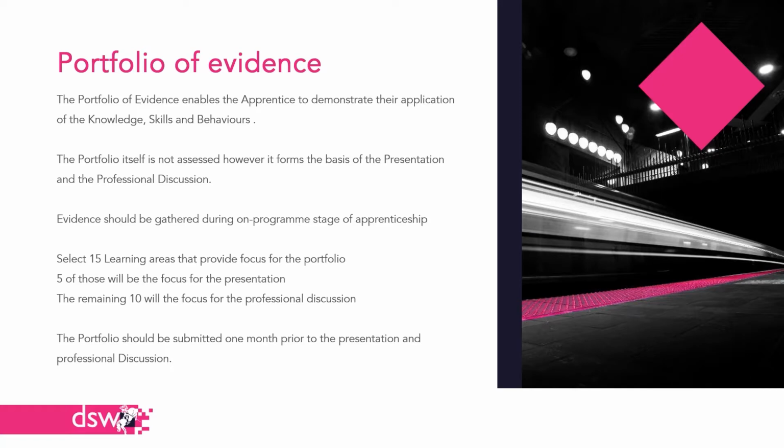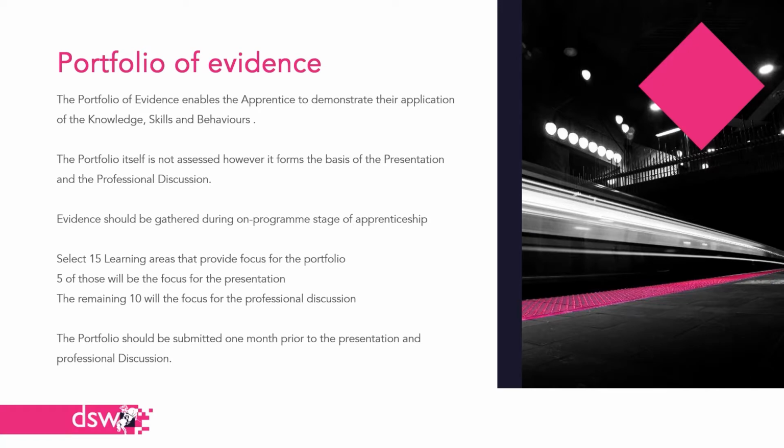When planning the apprentice's work, their employer should ensure that they are involved in projects with a broad enough scope to address the 15 chosen learning areas and that they will be able to evidence the relevant knowledge, skills and behaviours expected. It's the responsibility of the employer and the apprentice's mentor, where appropriate, to help guide the apprentice in choosing appropriate evidence for the portfolio.